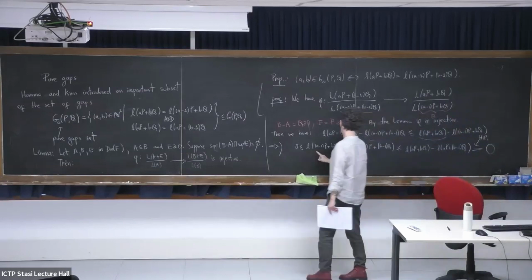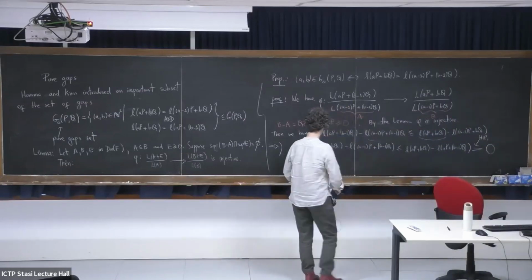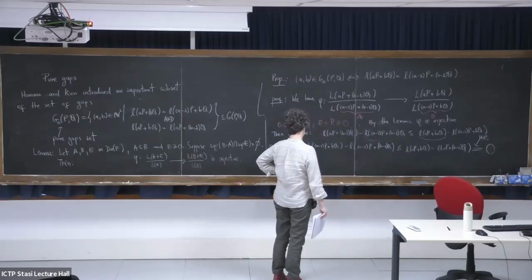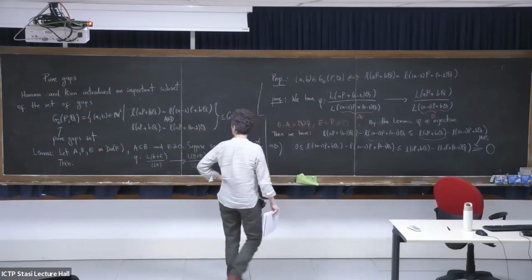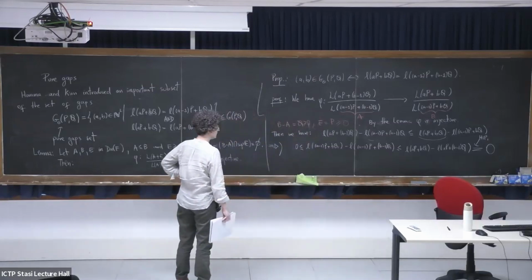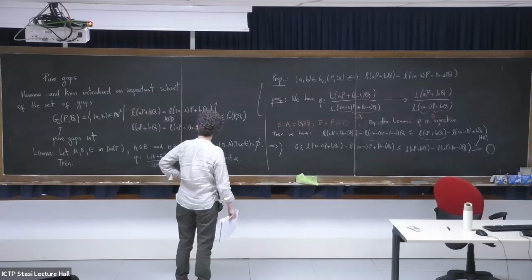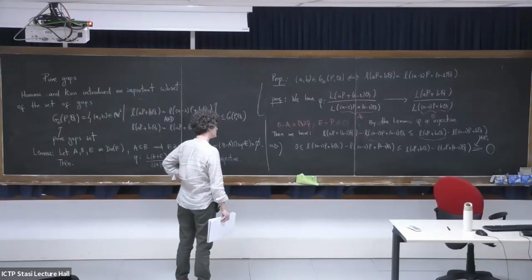If this is 0, this is 0. P plus Q minus this one. So this is 0, so this is 0.